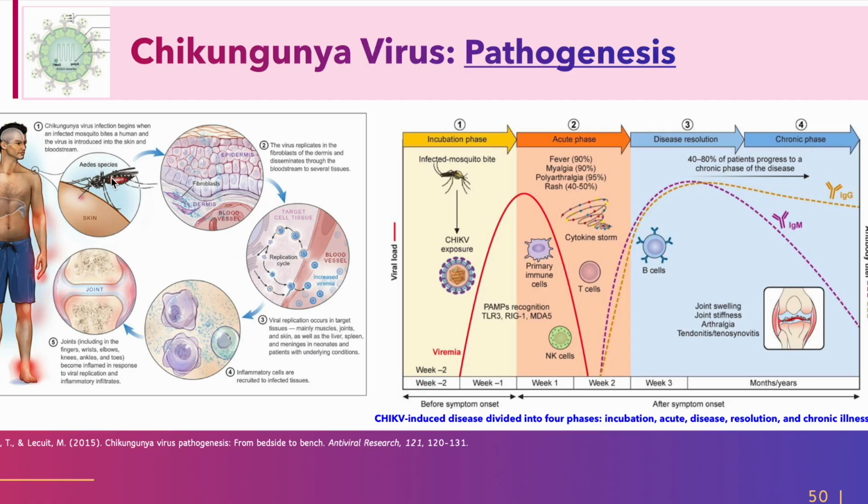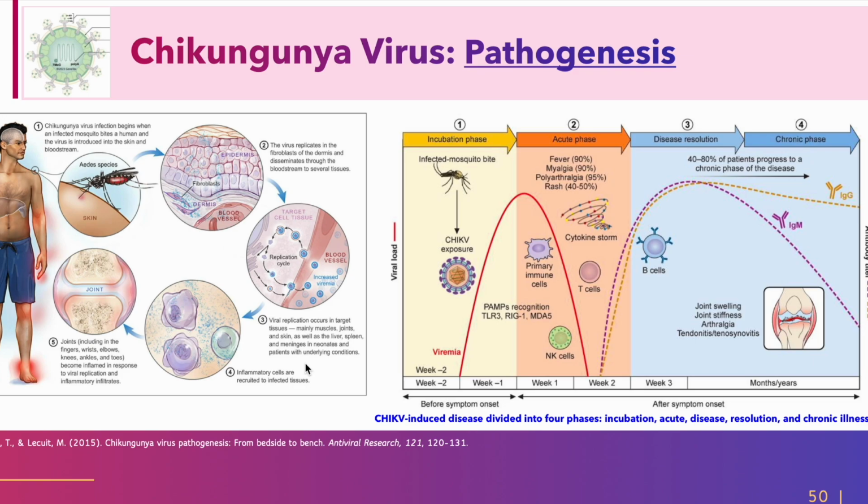For pathogenesis, as we mentioned, after the Aedes mosquito bites into the skin, the virus enters the cell and replicates in the fibroblast cells inside the dermis, and then disseminates to the circulation and goes to the target organs such as joints, muscles, skin, and liver, spleen, meninges in the neonates. Then what comes to kill the virus are the inflammatory cells, right?